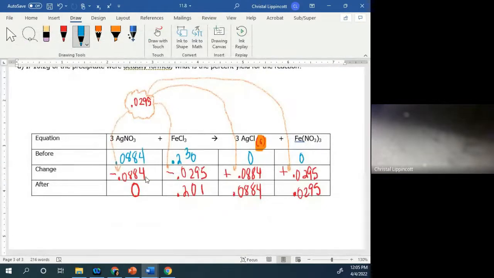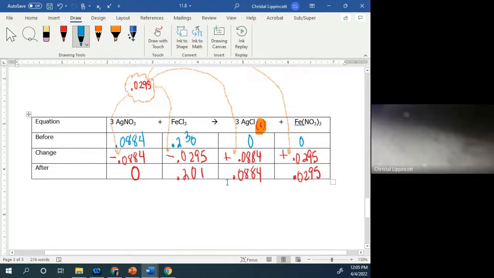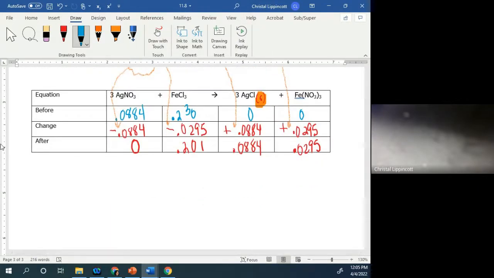So I've got to figure out the molar mass of AgCl. So Ag is 107.9. Cl is 35.5. So I'm going to add those together. And that's going to give me 143.4.